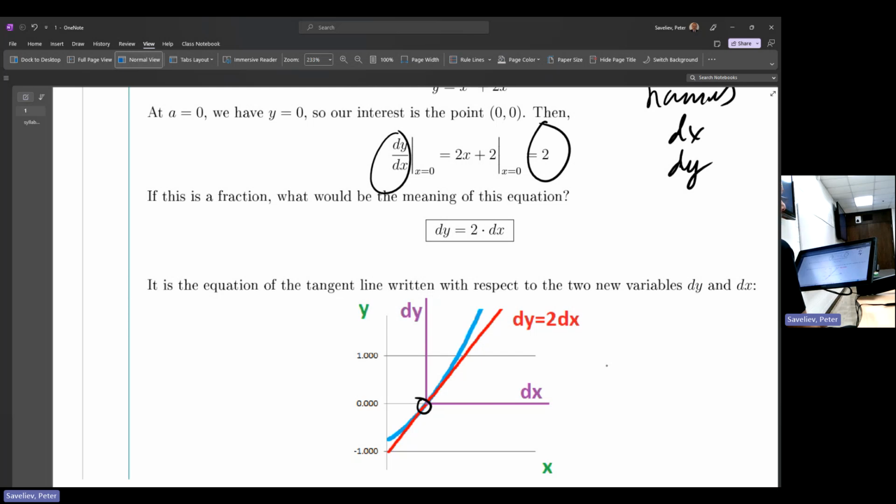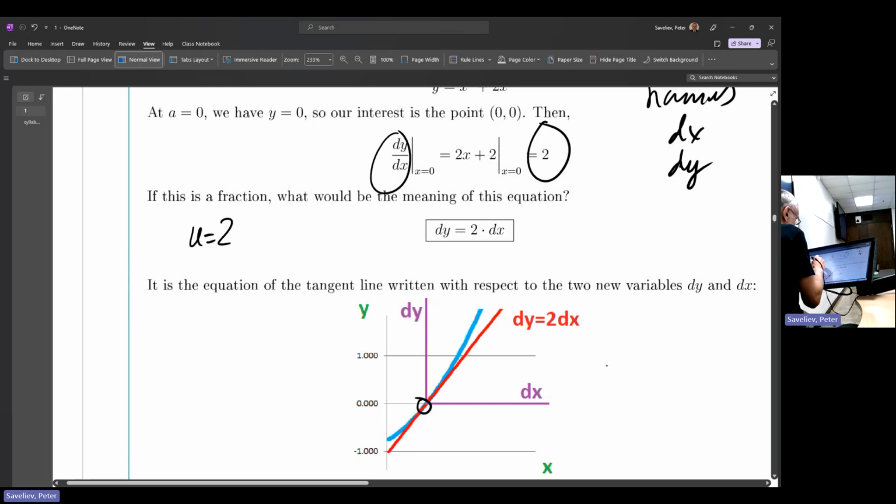This is just one point on the graph, and when we pick a point on the graph, its slope is determined, and therefore the derivative is interpreted as the slope of that line. But on the other hand, it's just like with every equation, u is equal to 2v or y is equal to 2x. It's all the same, we just happen to have weirdly named variables. That's all.